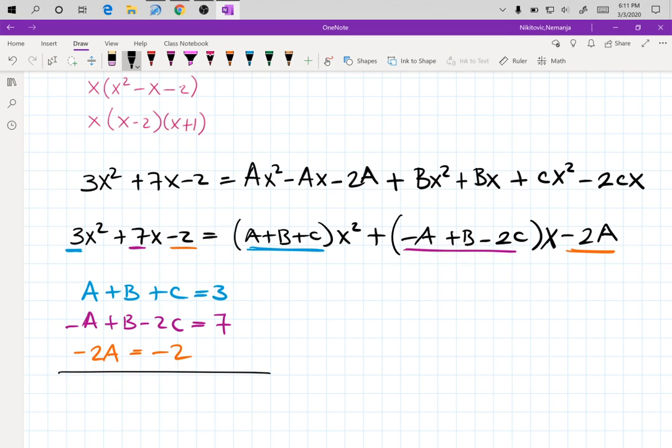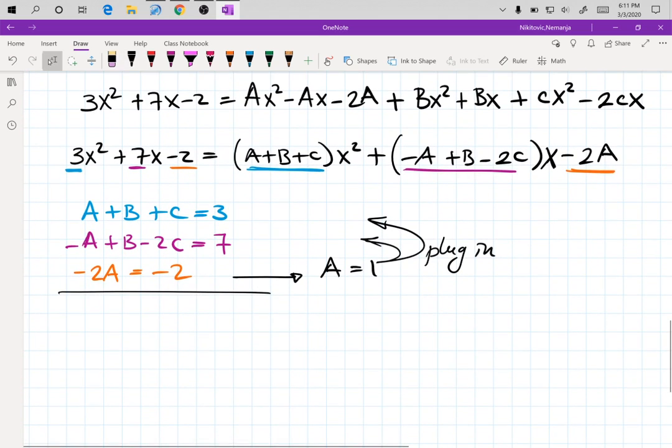3 unknowns, a, b, c. Well, we have 3 equations, so go ahead and solve it either way. Now, the good thing is we have one of them for free. And that is what? A is 1, right? That's free. So we are immediately going to plug that in and reduce the system to a 2 by 2 system.